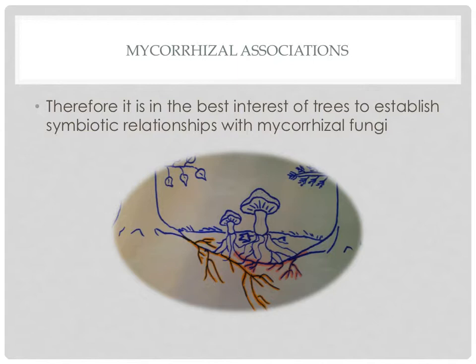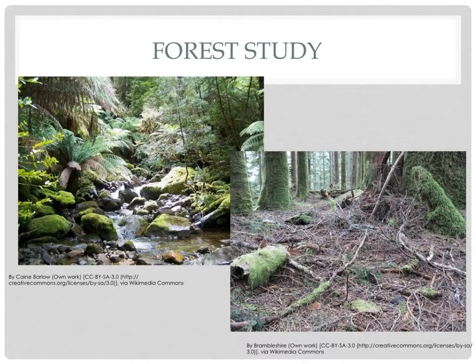So therefore, it's in the best interest of trees to establish symbiotic relationships with mycorrhiza. And globally, on a forested setting, most plants benefit from the associations with mycorrhiza fungi. Okay, quick little case study here, but we've got two different forest types.